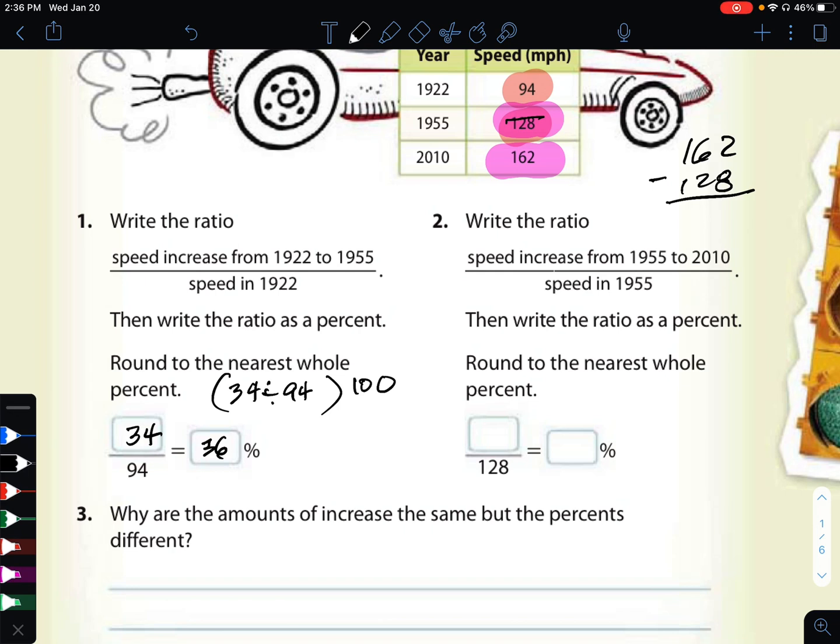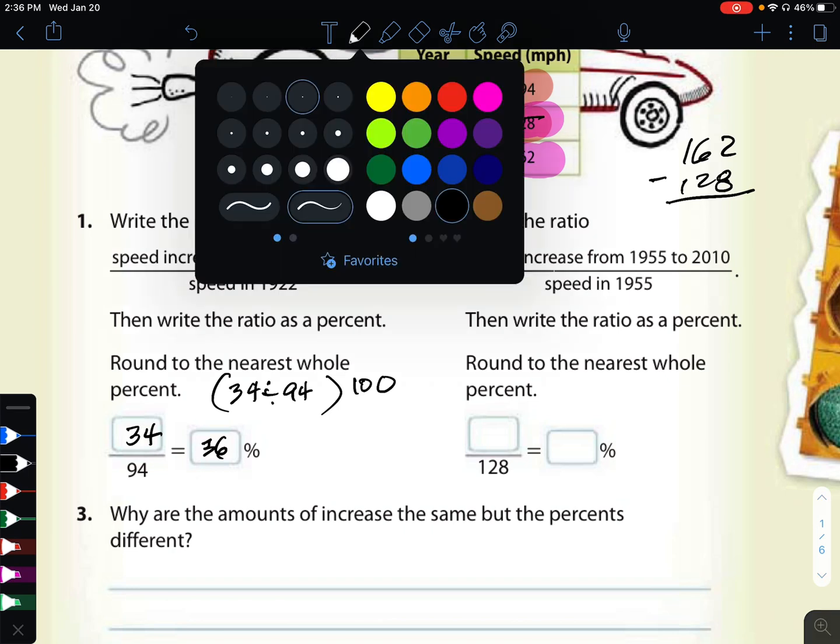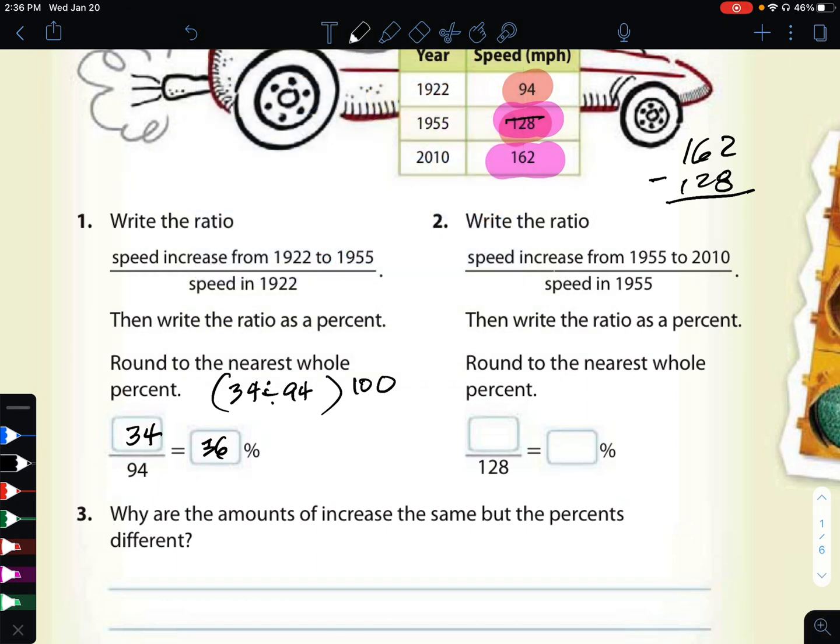If we do that, the difference will also be 34. So this is 34 over 128, and 34 divided by 128 multiplied by 100 will now give us a percent of change of 27%.